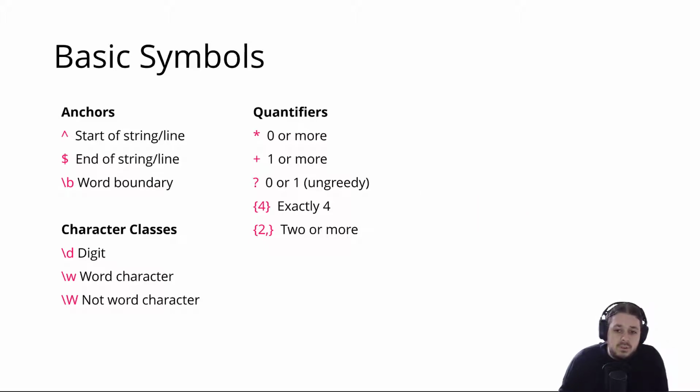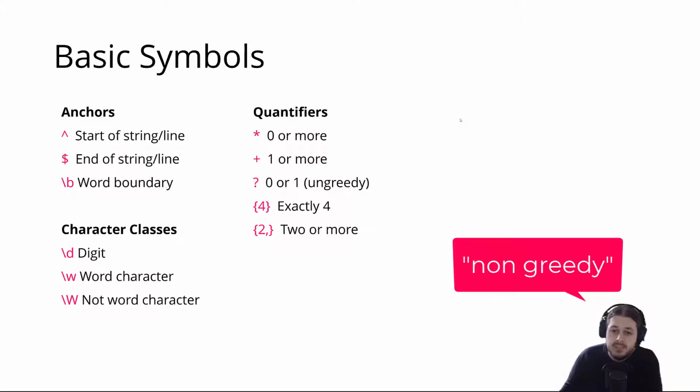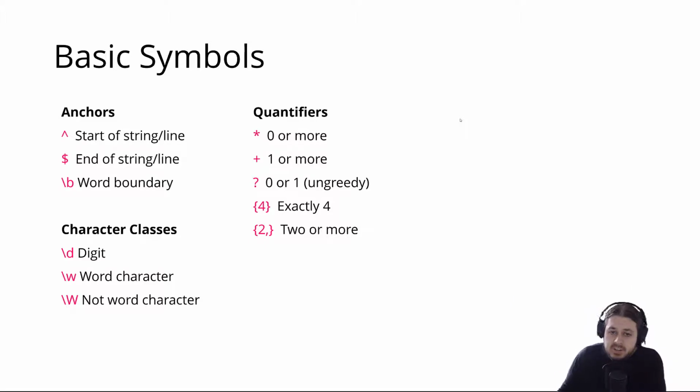That is 0 or 1. And that also makes the expression non-greedy. By default, quantifiers match as often as they can. And by making them non-greedy, by using the question mark, we basically tell them to repeat as little as possible. And so we only capture 1 usually.